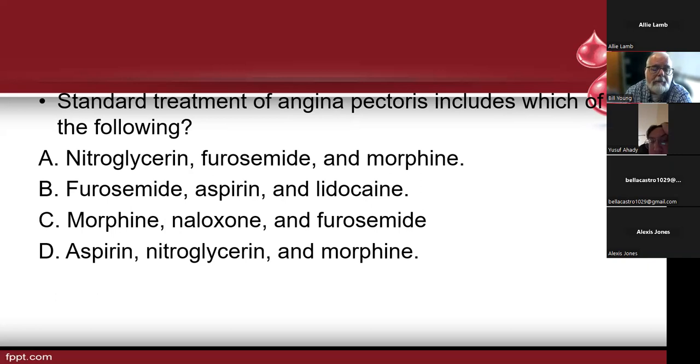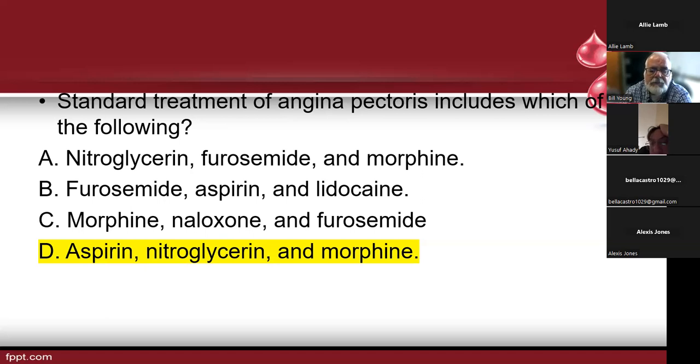No, the aspirin, nitro, and morphine. Yeah, there you go. You're exactly right. We used to say MONA meets all patients with chest pain. We don't do that so much anymore because not all patients are going to get oxygen depending upon whether they need it or not. But definitely, these are your 3 drugs that you're going to do.